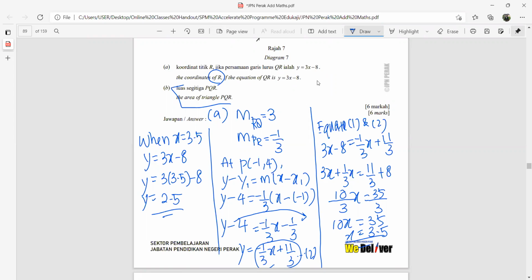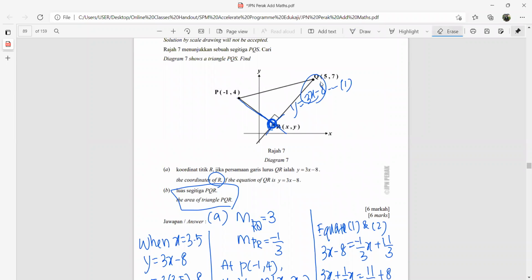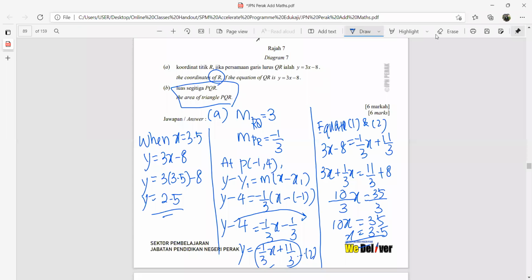Okay. Then I want to solve the area of the triangle. To solve the area of the triangle is even easier because you got the coordinates out, which is 3.5, 2.5.